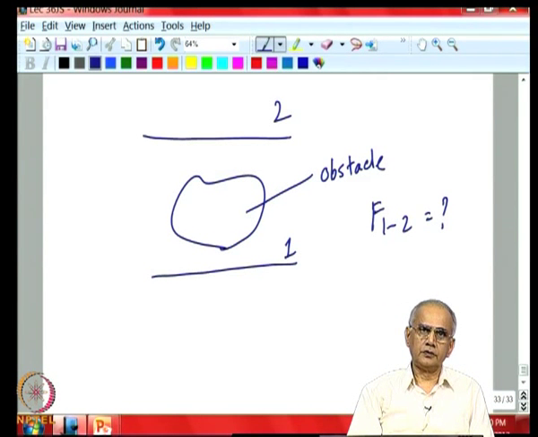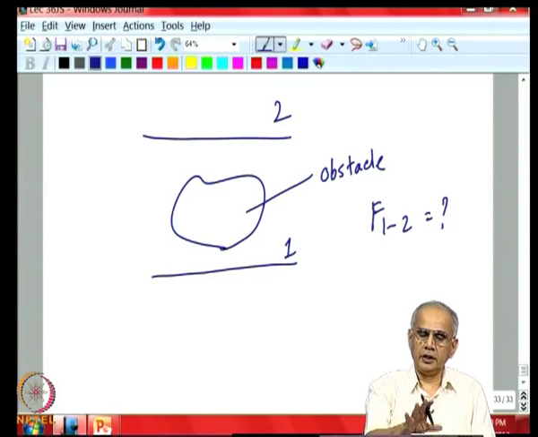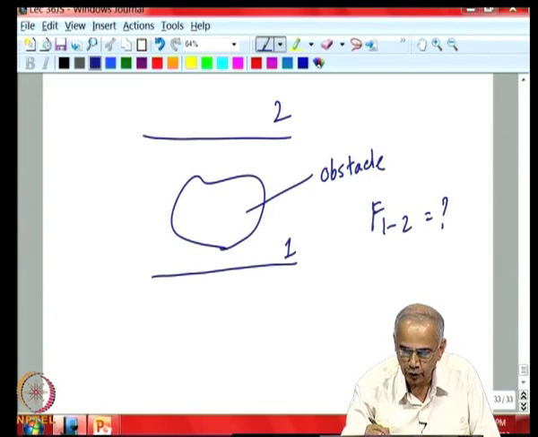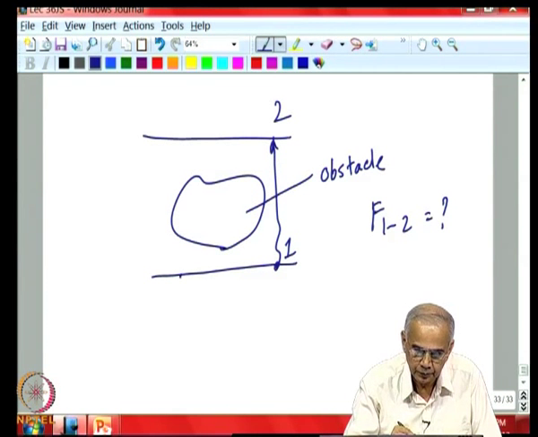This is very difficult to do by conventional integration techniques, and so such problems are not normally done by traditional integral evaluation. This problem is ideal for Monte Carlo, because once this 3D geometry is specified and the ray tracing algorithm is available, we just have to shoot a large number of photons and find out what fraction is able to reach surface 2.